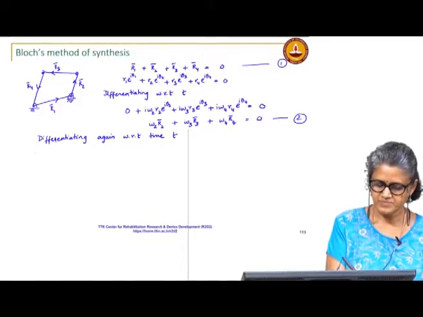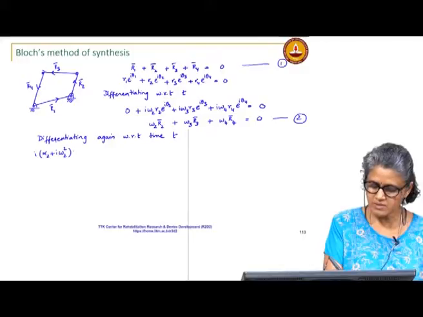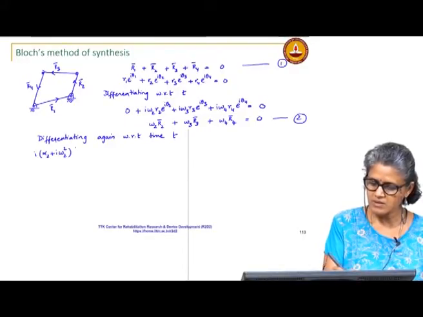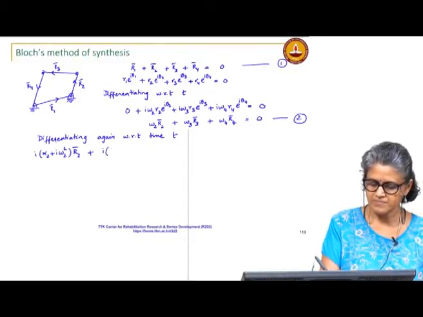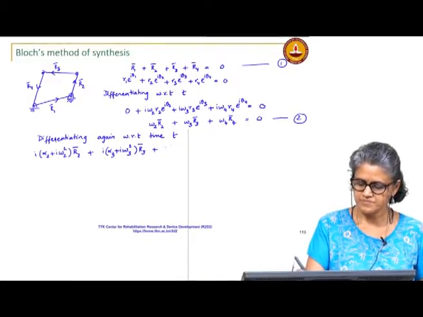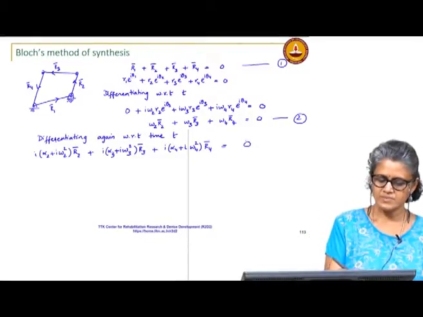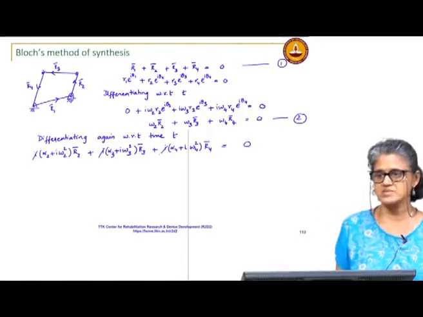I get i alpha 2 plus i omega 2 square r 2 plus i alpha 3 plus i omega 3 square r 3 plus i alpha 4 plus i omega 4 square r 4 equal to 0. Again I can knock off the i's.